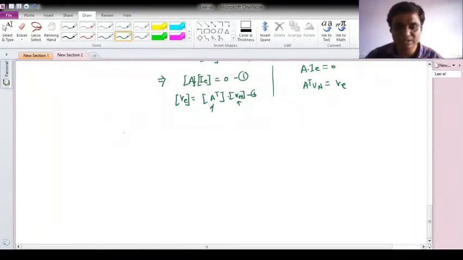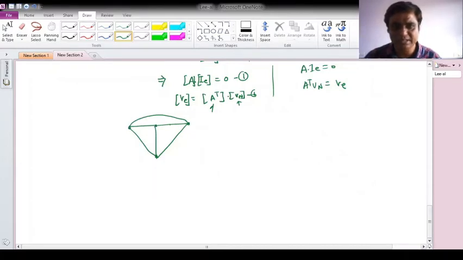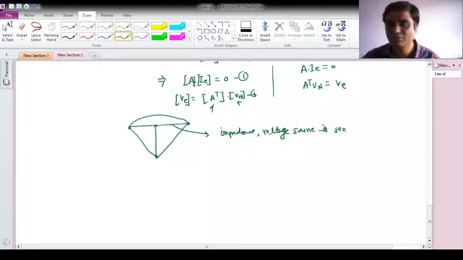So basically, in each directed graph like this, whatever we have drawn, each edge consists of an impedance and a voltage source which will be in series, and it may also consist of a current source in parallel.